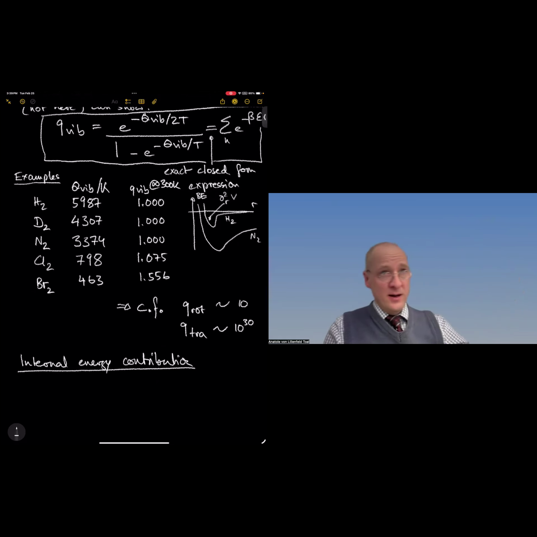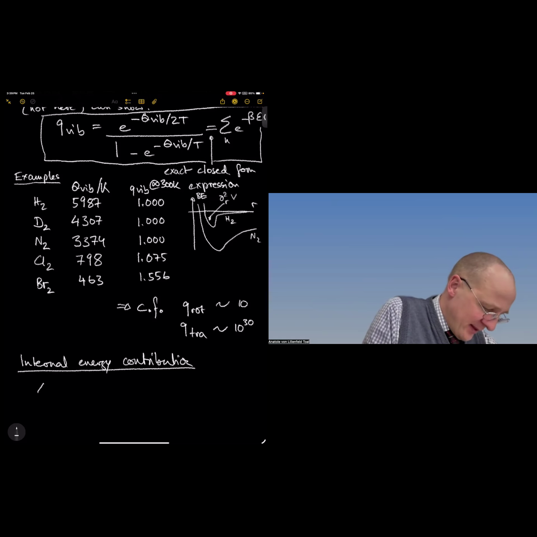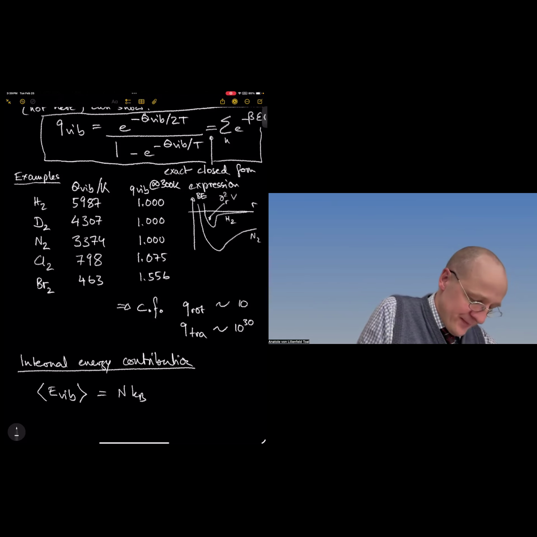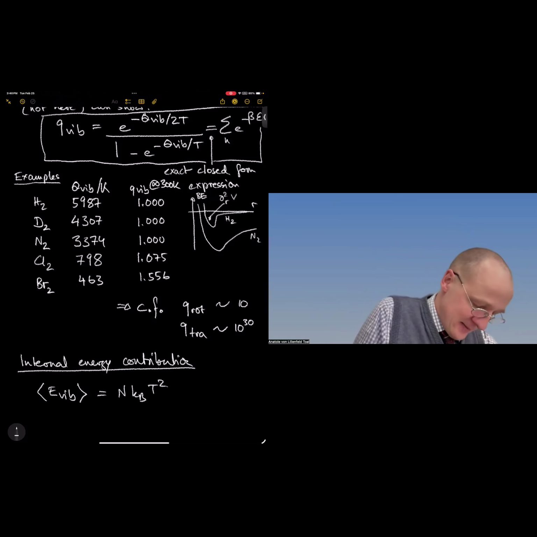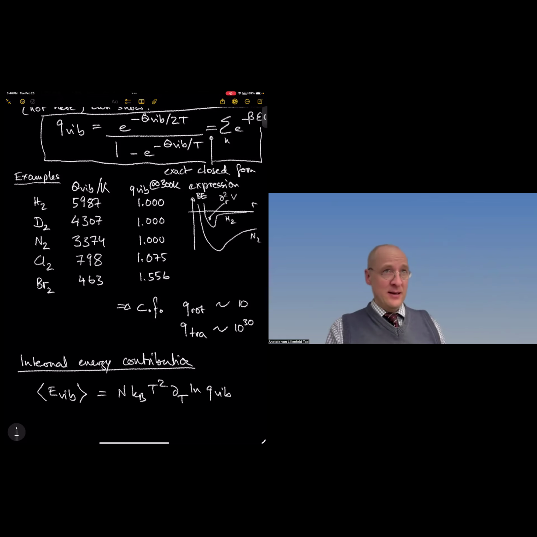We have our cherished expression obtained in this course: N k_B T squared, and now the temperature derivative of the logarithm of q vib, and this would be your vibrational energy contribution.